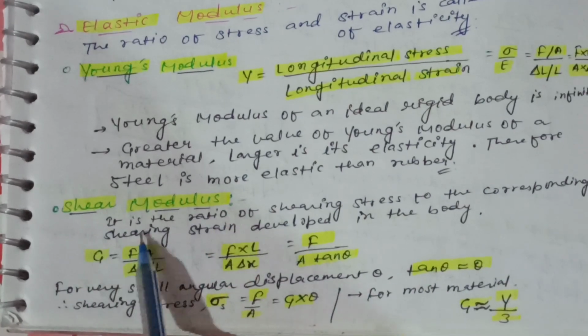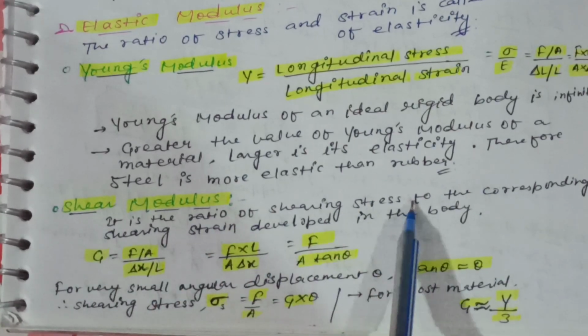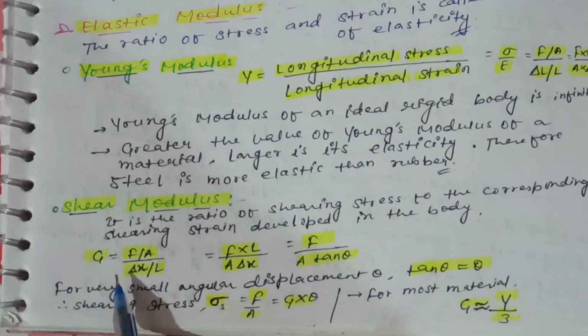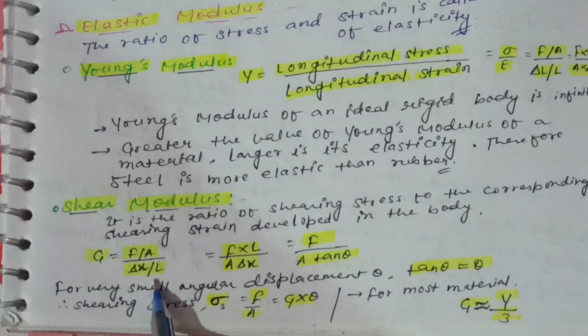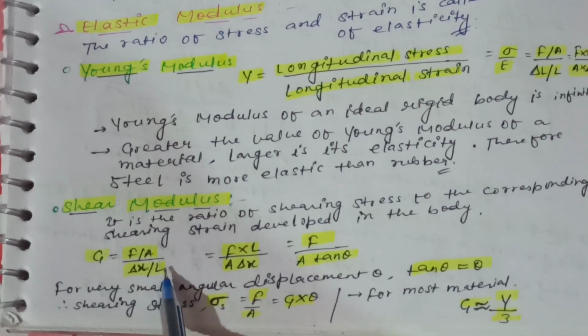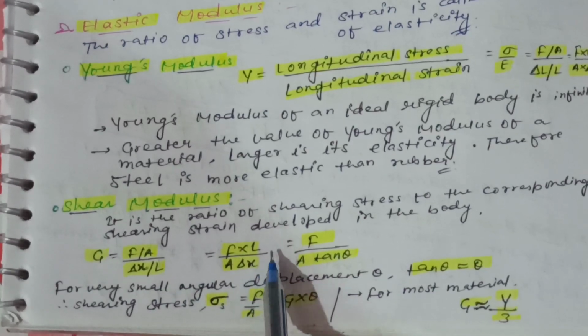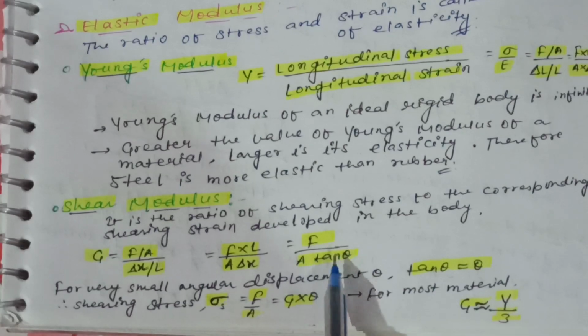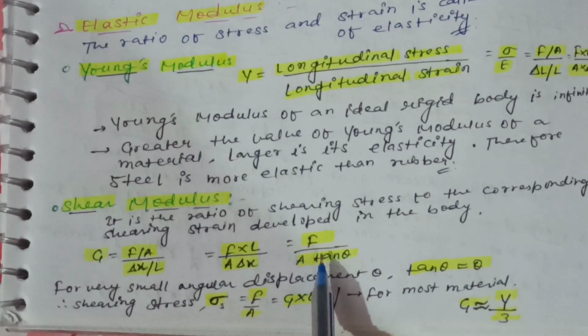Shear modulus. It is the ratio of shearing stress to the corresponding shearing strain developed in the body. G is equal to F upon A upon delta X upon L, which is equal to F into L upon A delta X, which is equal to F upon A tan theta.